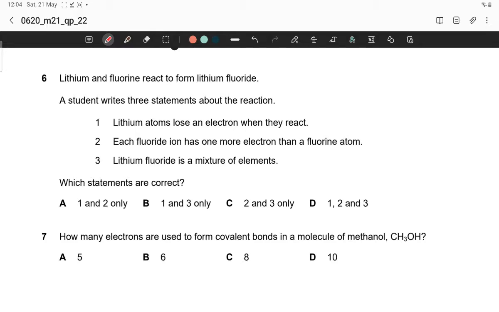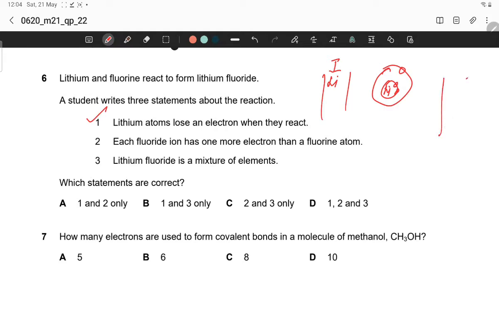Lithium and fluorine react to form lithium fluoride. A student writes 3 statements about the reaction. Lithium atoms lose an electron when they react. Yes, because lithium is present in group 1 and has one valence shell electron, so it loses an electron when they react. Each fluoride ion has one more electron than a fluorine atom.